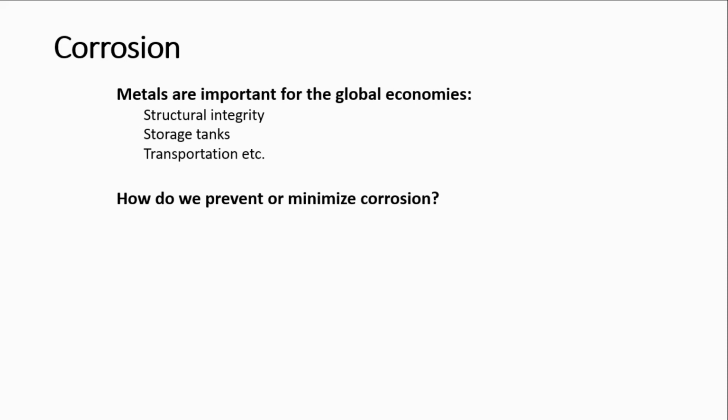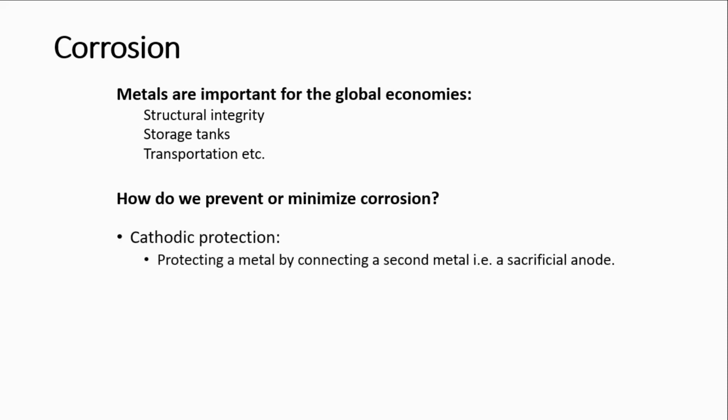It is therefore important that we are able to control the rate of corrosion. We cannot stop it totally, because it will eventually happen, but at least we can control the rate of this process.